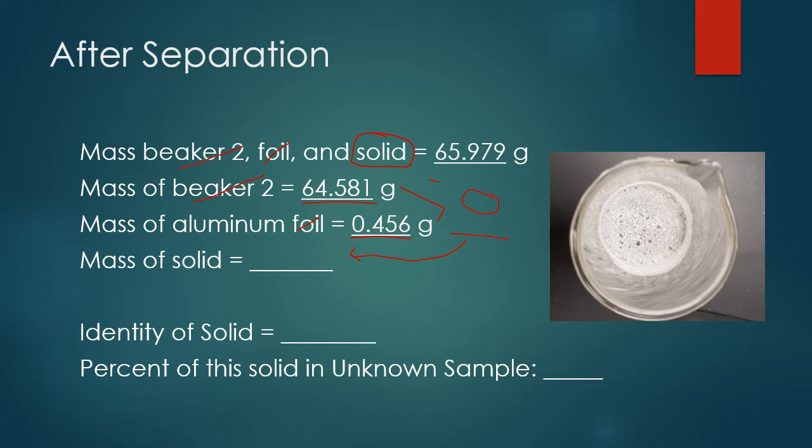So if you can figure out which of the three components, silicon dioxide, sodium chloride, or calcium carbonate, is soluble in water, that will tell you the identity of this solid, because for that initial filtration all we did was mix with water and filter.